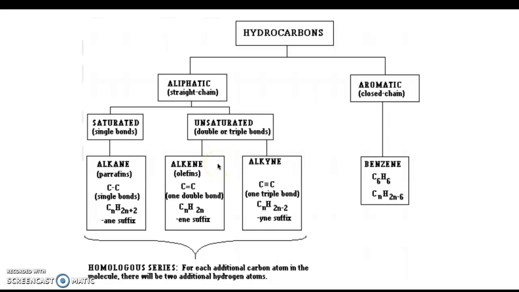It means they have a multiple bond, at least one double or triple bond. Saturated have all single bonds, and that falls into our alkane homologous series. And again, each of these have their own formula, and they also get their own suffix or ending. Alkanes end with A and E, alkenes end with E and E, alkynes end with Y and E.